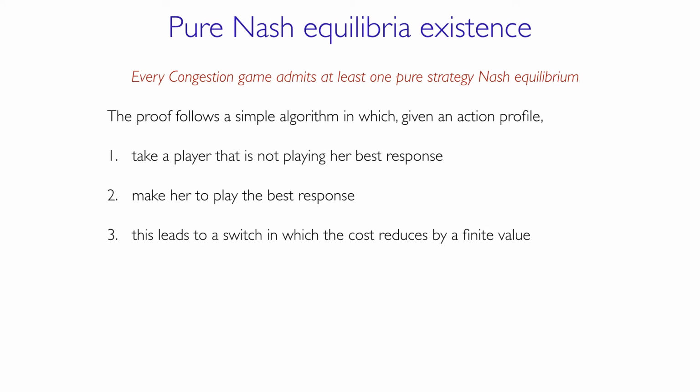And the switch leads to a reduction of the potential function by a finite value, because the difference in the cost of the player is equal to the difference in the potential function. So if the player is reducing the cost, also the potential function will reduce its value. Repeat until a pure Nash equilibrium is reached.